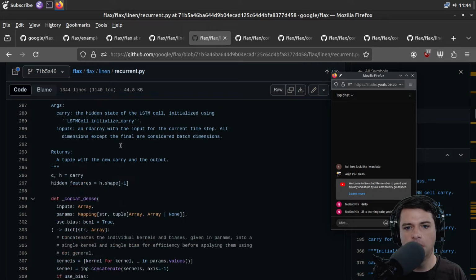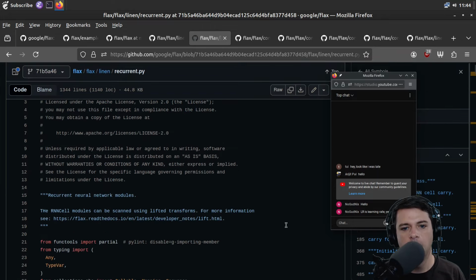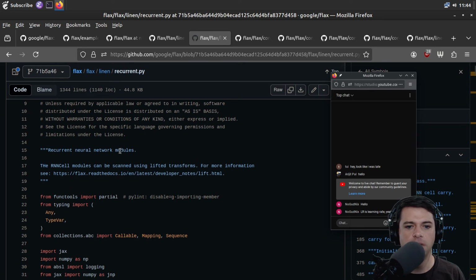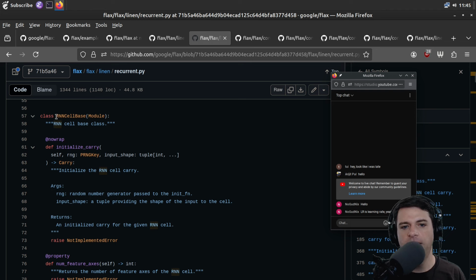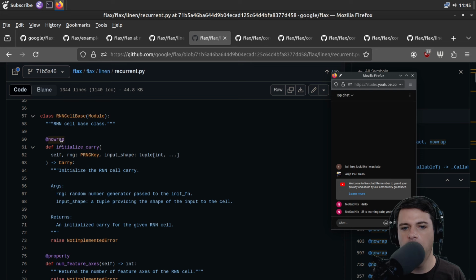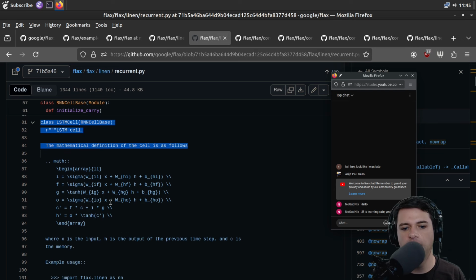It's long. Recurrent neural network modules. The RNN cell modules can be scanned using lifted transforms, whatever that means. So an RNN cell base. I don't know what a cell is. Then we have an LSTM cell. Is a cell the same as a network, or is it like a neuron?